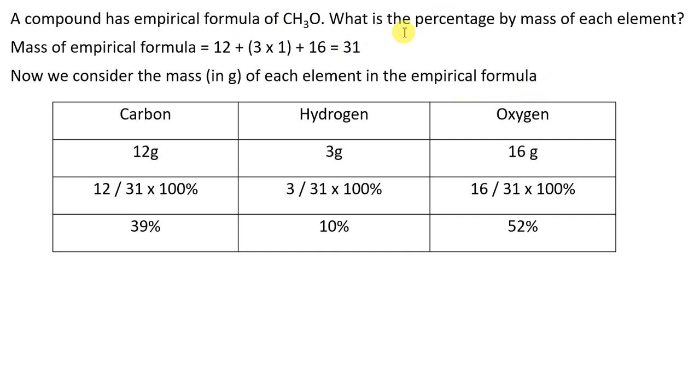Again, thinking of 31 grams of this compound contains 12 grams of carbon, 3 grams of hydrogen, 16 grams of oxygen. I put the mass into the table. Divide the mass of each element by the total mass, the mass of the empirical formula. Multiply by 100% gives me 39%, 10%, 52%.